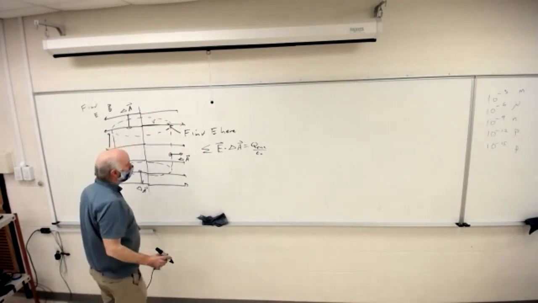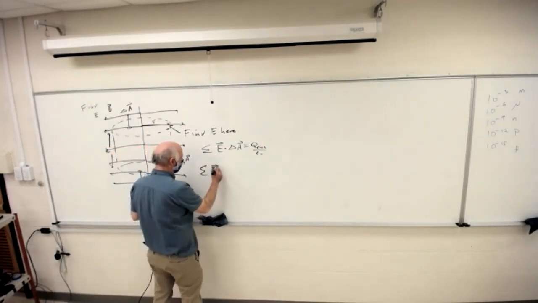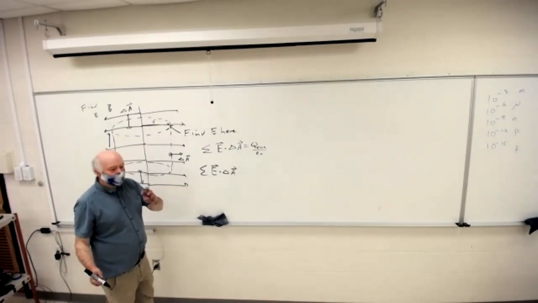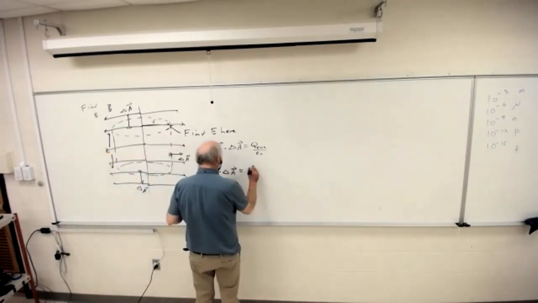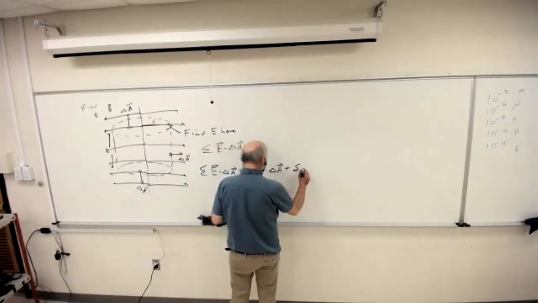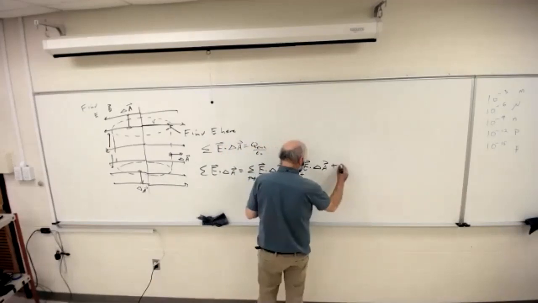So we write three terms here, the sum over the entire surface. I have this on the top, this on the bottom, plus this on the side.